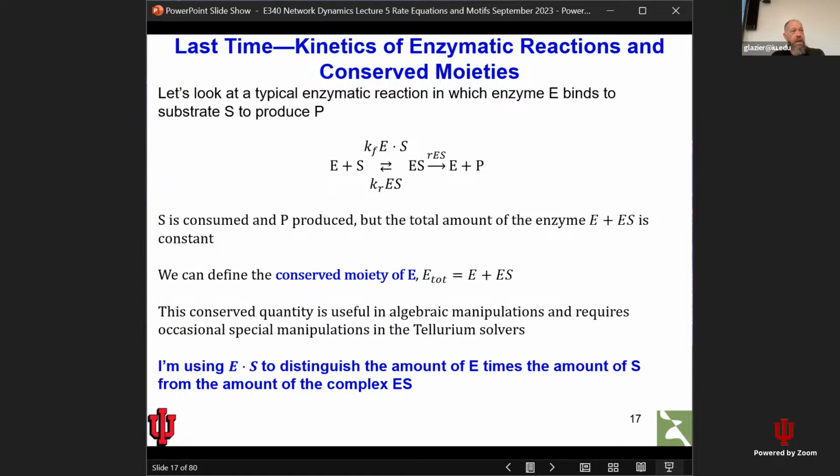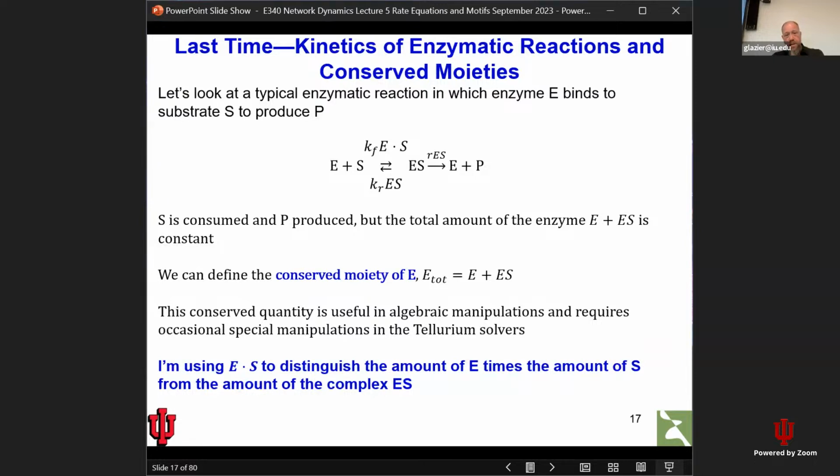And that enzyme plus substrate can either react to release my enzyme, because by default, if I have an enzyme, it's returned after the reaction is over, and a product P, or I can have the complex break apart and give me back my E and S, and that's the back reaction KR-ES.